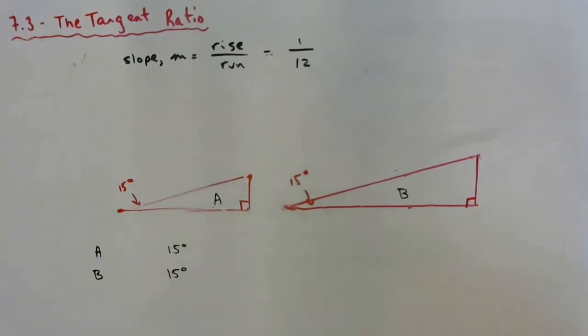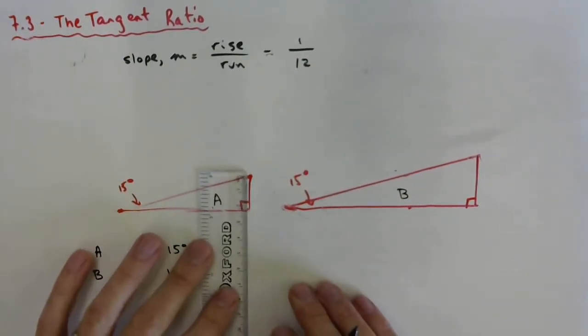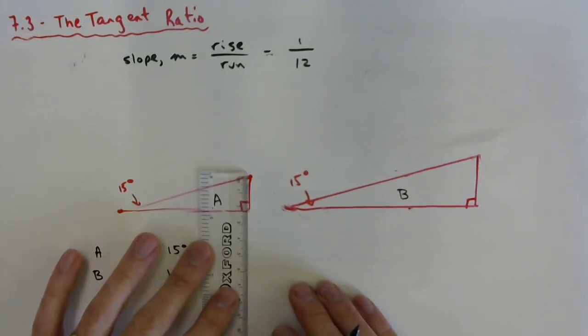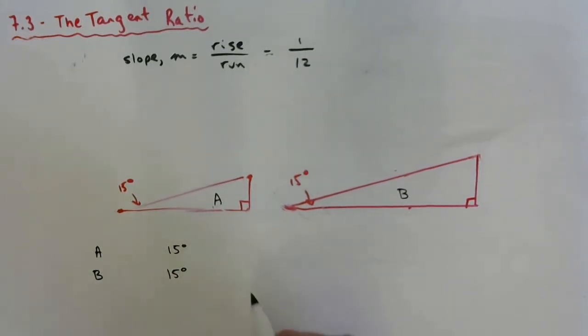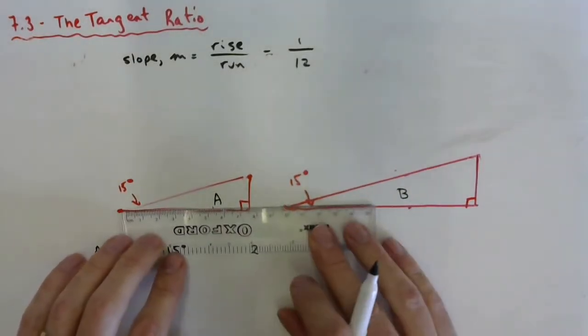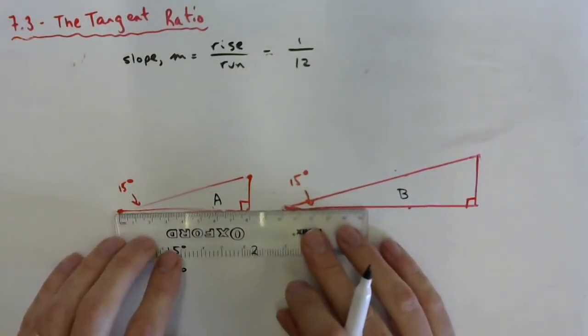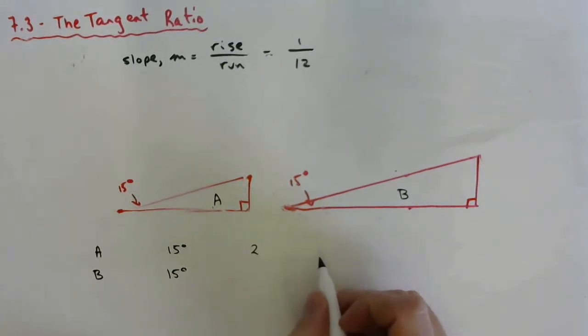And now I need to get out my ruler because we're going to do some measuring. So now I need the rise. We're looking at triangle A. The rise here is, I've got almost exactly 2, so that's what I'm going to write. And the run is 8. Wow, how convenient is that? I guess I did just copy my protractor.